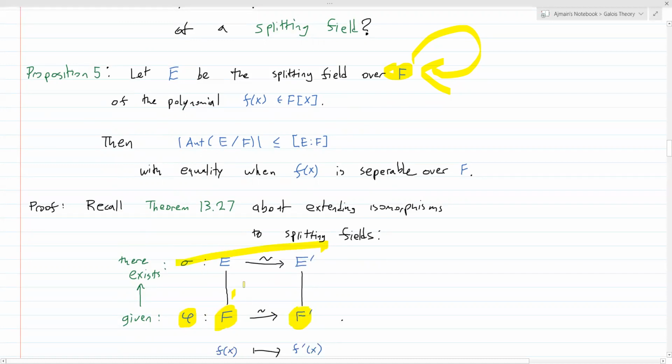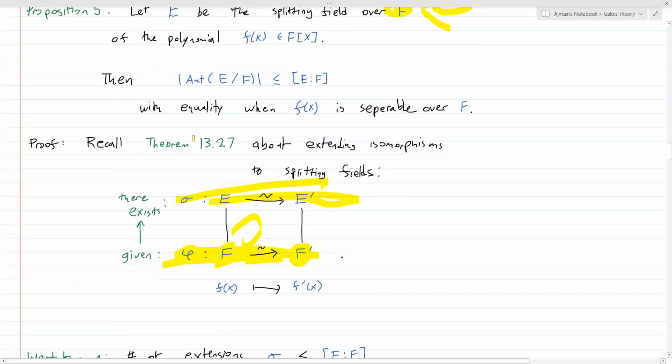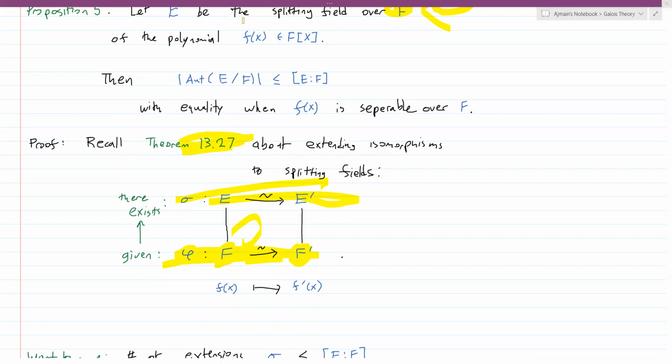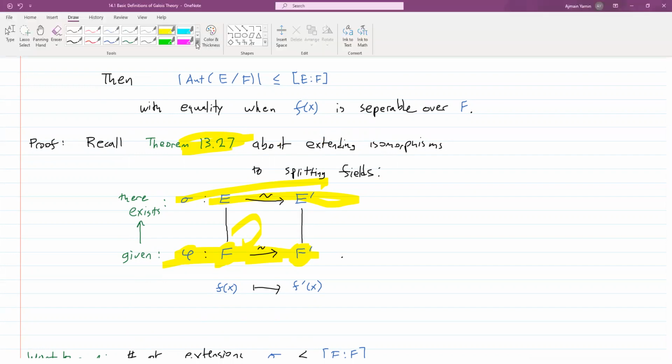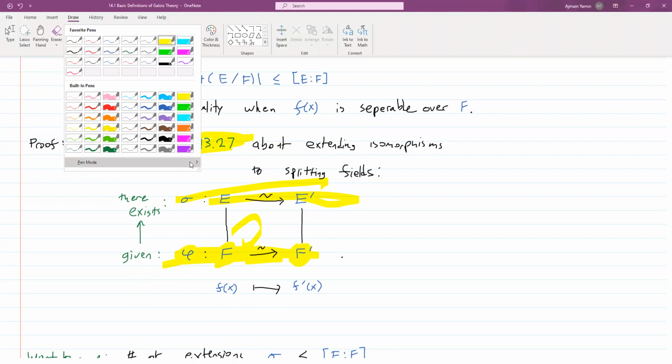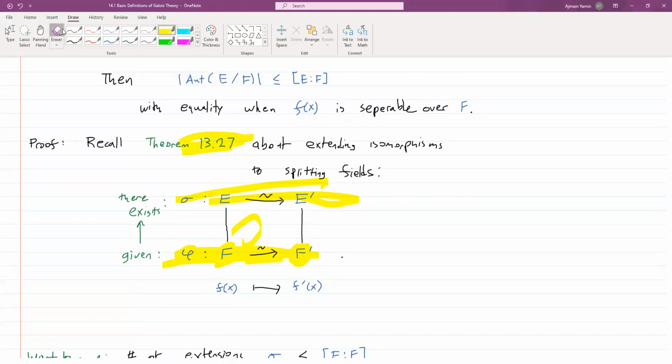So instead of extending the identity on F, we're going to extend an isomorphism of F. So theorem 13.27 says if you have an isomorphism between fields, then it can be extended to an isomorphism between splitting fields.